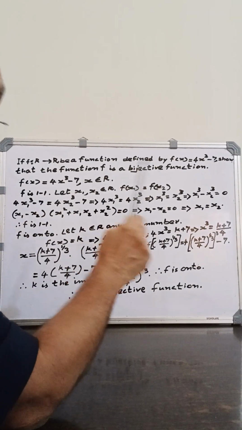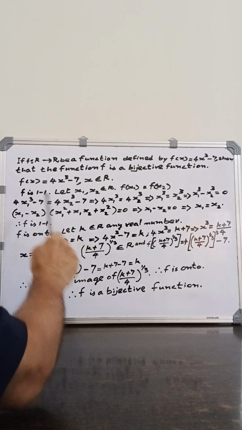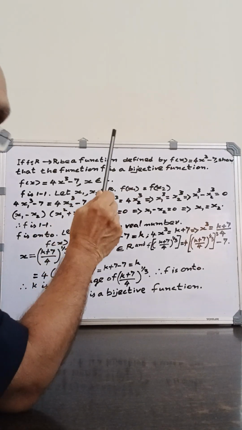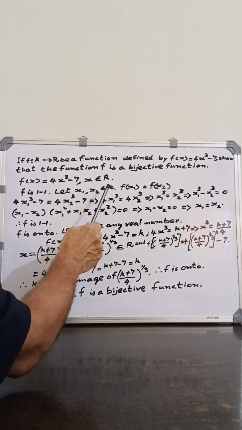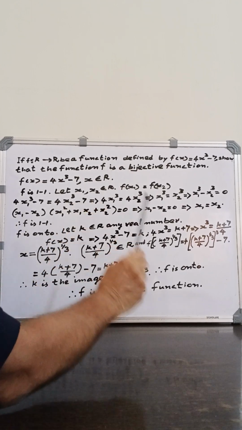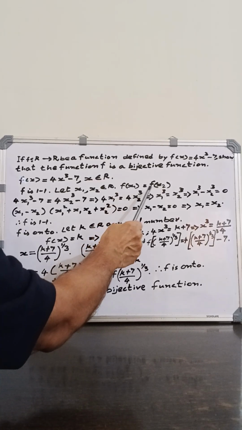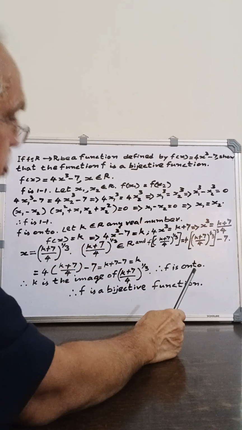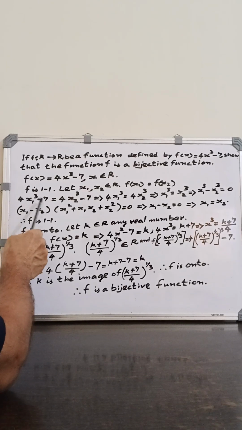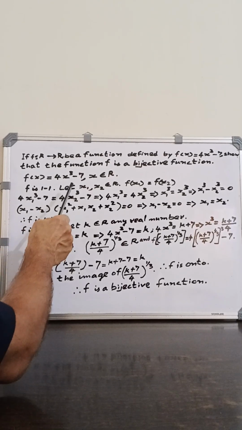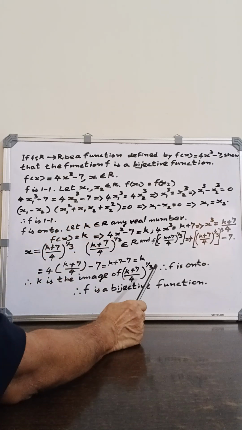First of all, we can check f is one-one. Let x1 and x2 belong to R. Therefore, f of x1 equals f of x2. That is 4x1 cube minus 7 equals 4x2 cube minus 7.